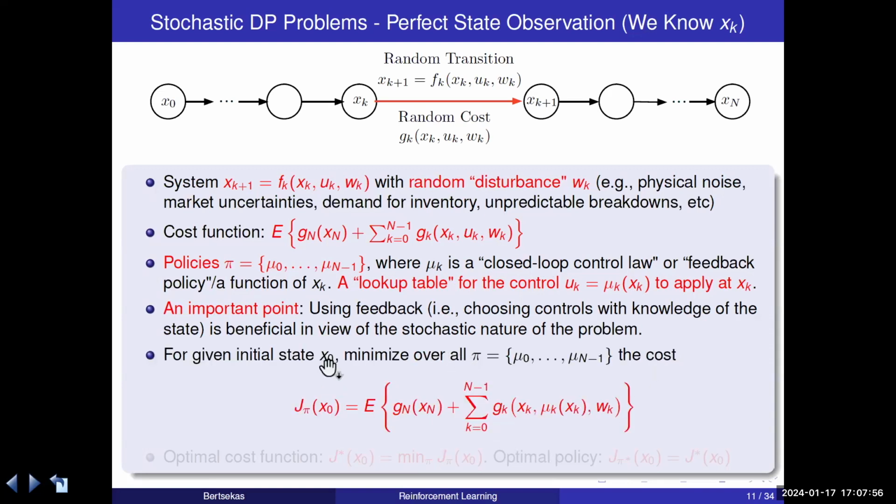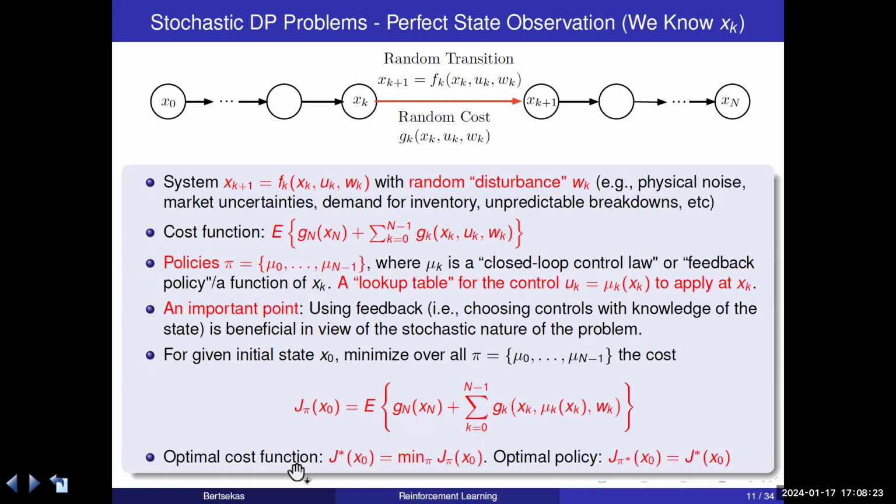So now if I give you an initial state and I give you a policy, these costs are defined as numbers, which are random, however, because of W. Taking the expected values of those gives me the cost of the policy starting at an initial state x0. So this is a function of the initial state and depends on the policy.